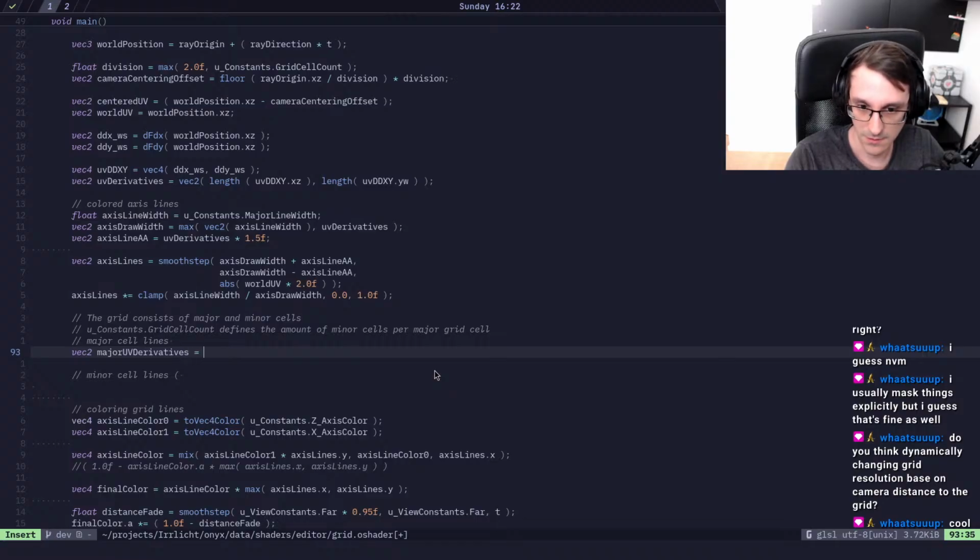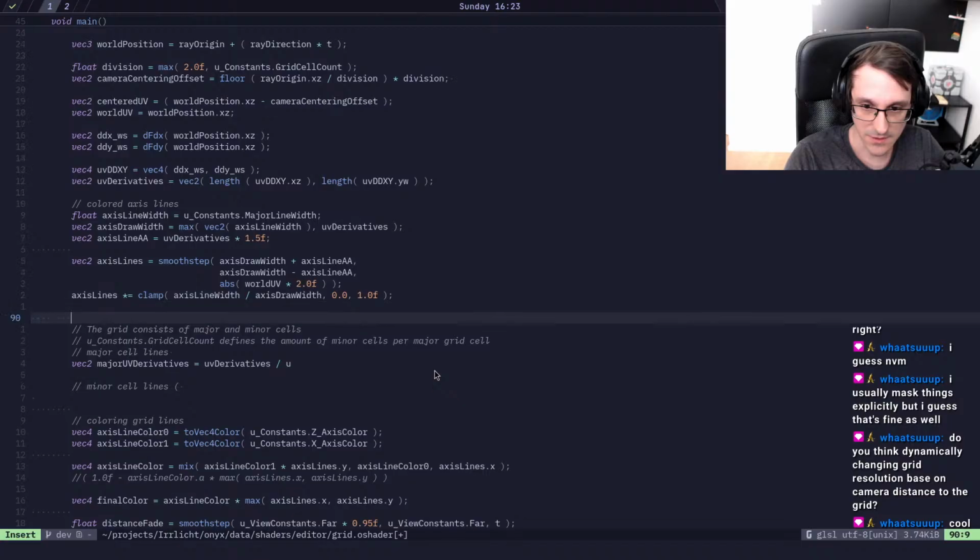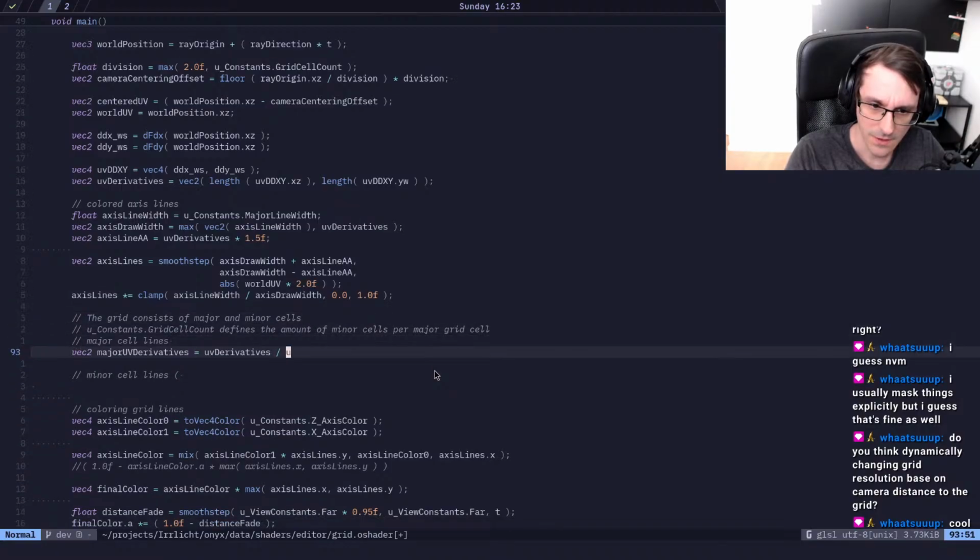Derivatives, which is our UV derivative divided by our U. Well, actually, let's do a float here. Do I need this float? Probably actually not. I think that is just U constants.